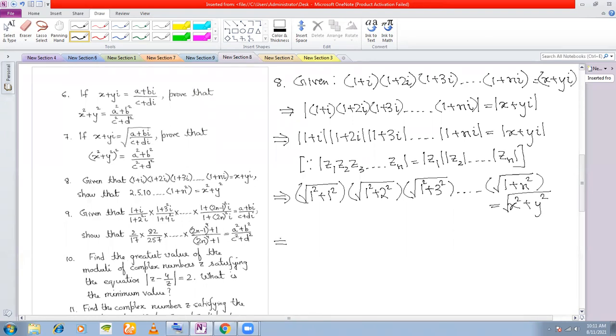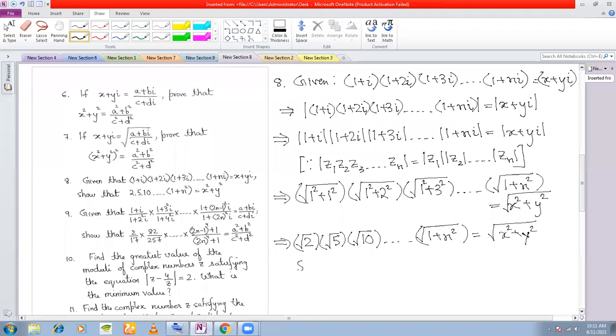Okay, so you are getting here root 2 into root 5 into root 10 and so on, root of 1 plus n square, is equal to square root of x square plus y square.